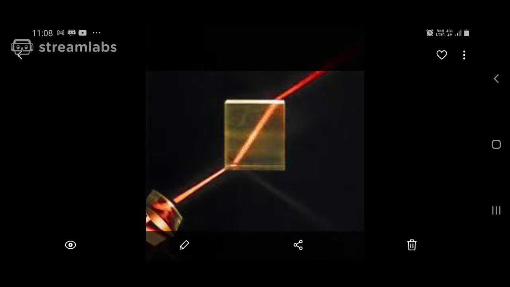First, the ray of light is in the air medium. Then it enters into the water medium. And then again it comes out into the air medium. Okay, could you find out this difference?